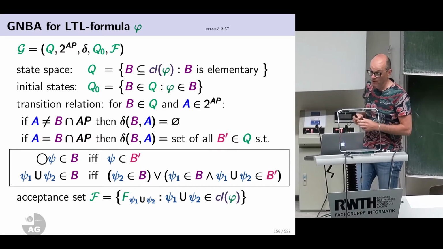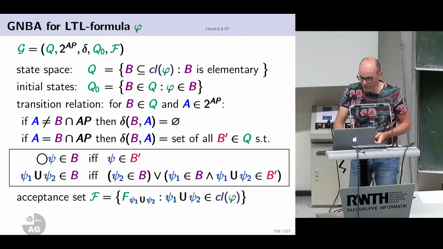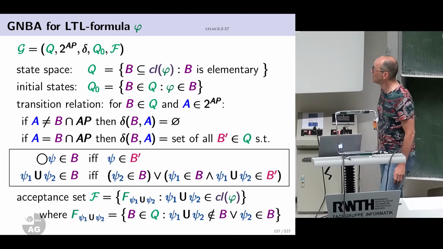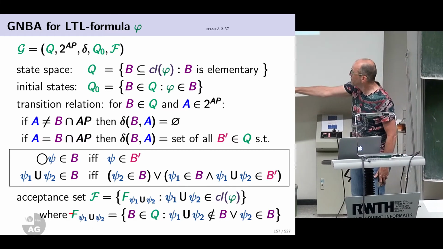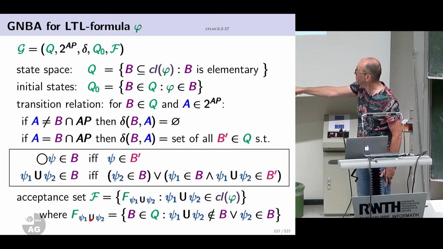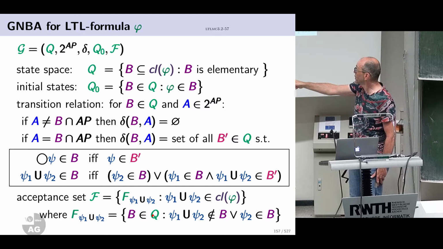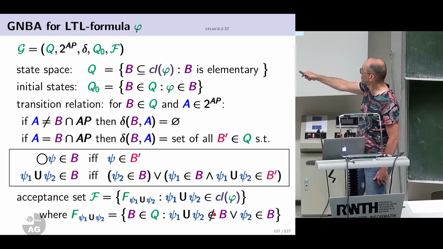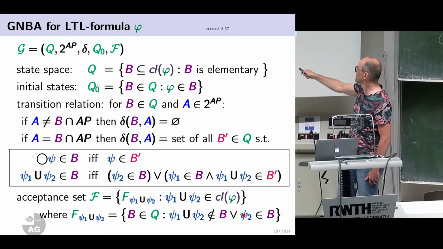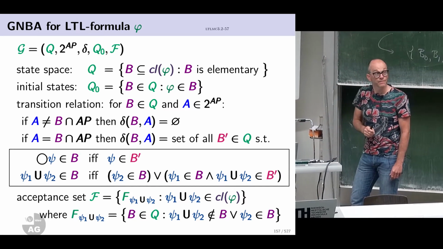How is this F for one until formula defined? One set of states for this until formula in the closure is defined as the set of states in the automaton such that the until formula is not in that state, or the right-hand side, psi2, is in that state.